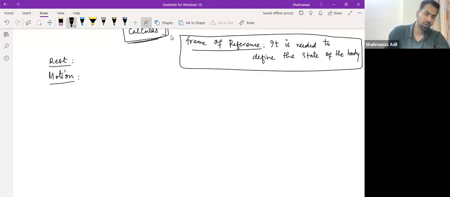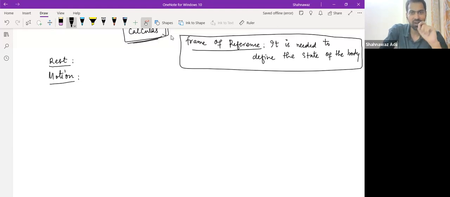Okay, so let's say that I am walking, right? If I define my walking, how will I define that? I have to define some frame of reference to define whether I am moving or not. Let's say that I am in a car and the car is moving.